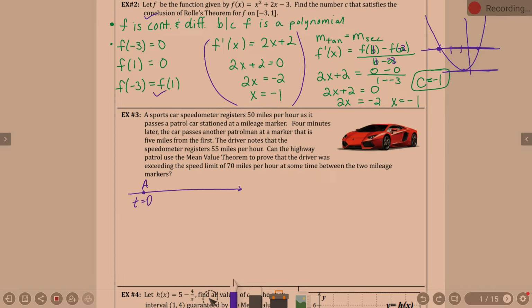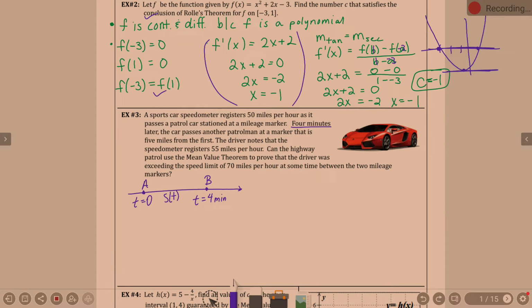Make sense? And then it travels some time, and then it passes a second patrol person at point B, and this is 4 minutes later. Talking time here, 4 minutes, but 5 miles. Okay, but I'm not to that right now. Now, this is going to be essentially our S of t.